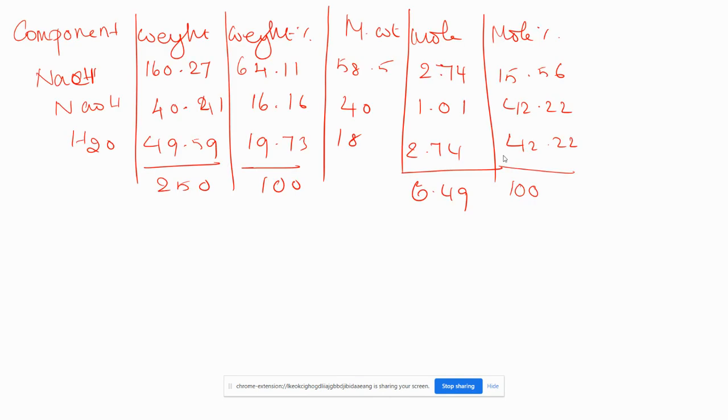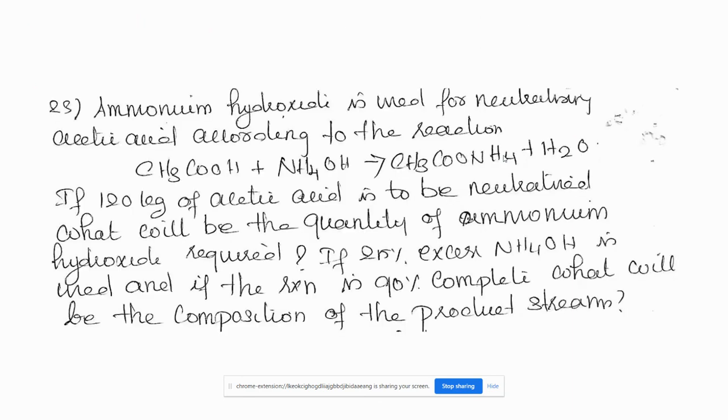One more problem is there in this module, and with that the module will be completed. So I will finish that problem. The problem is: ammonium hydroxide is used for neutralizing acetic acid according to the reaction CH3COOH plus NH4OH gives CH3COONH4 plus water.